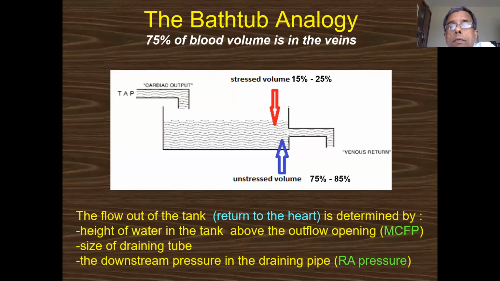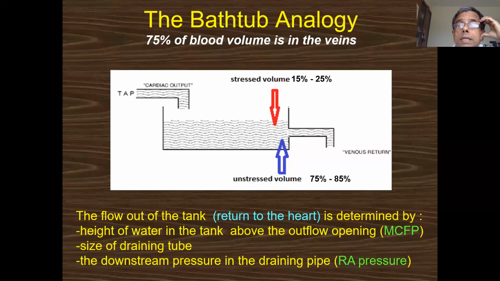Just to take the analogy of a bathtub, you have a bathtub into which you are draining water, and from which water is coming out. The height of the water column below the draining pipe contributes nothing to the flow out of the drain pipe. It is just there. That is the unstressed volume. It is not to scale. This is just to give you a concept.